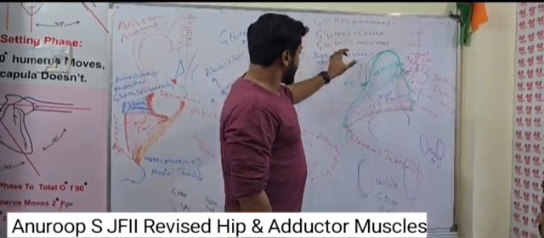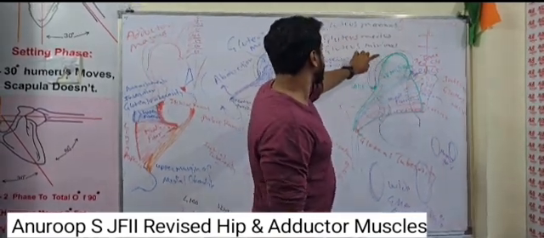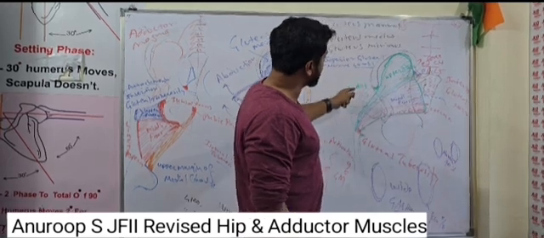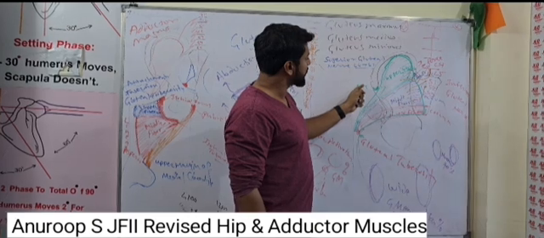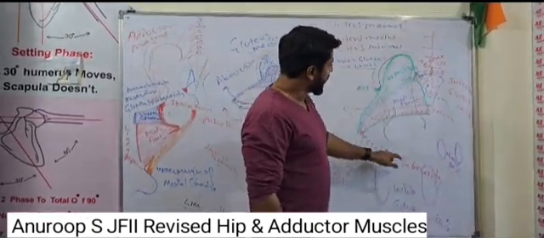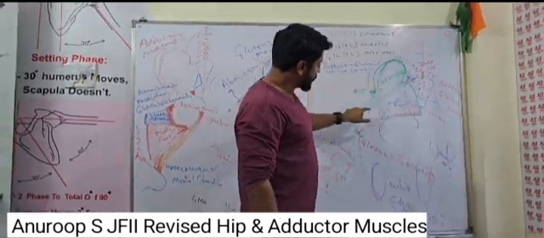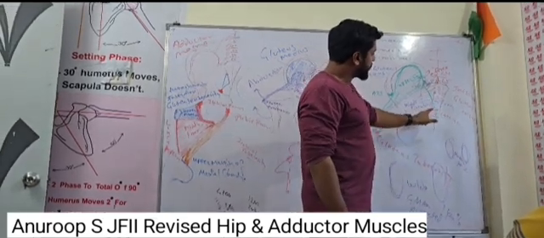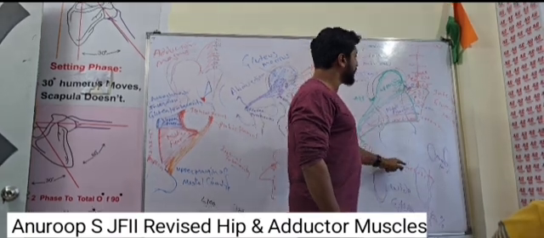The upper fiber originates from the iliac crest, and some portion touches the AIIS, the anterior inferior iliac spine, and it's connected to the gluteal tuberosity. The middle fiber originates from the sacrum and is also connected to the gluteal tuberosity. The lower fiber originates from the coccyx and is also connected to the gluteal tuberosity.